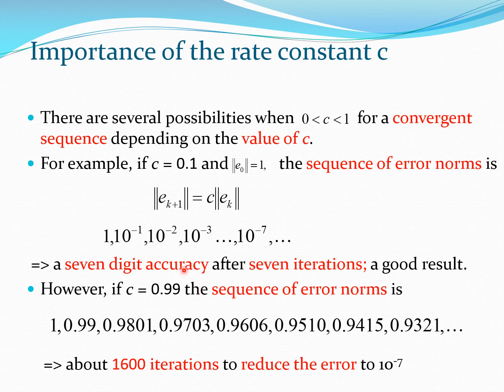But now consider the case c is 0.99, which is the side of the spectrum where you are just below 1, the bound 0 to 1 being the one which you want for a convergent sequence. So in this case, the sequence of error norms is going to look like this, and you can see that this certainly does not look very good. And this method is going to continue on, and a huge number of iterations are going to be required till you converge to 10 to the power minus 7.